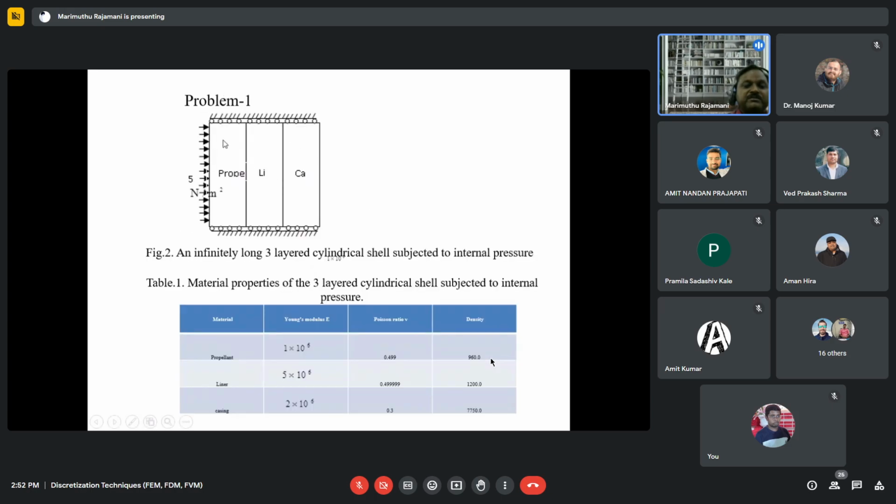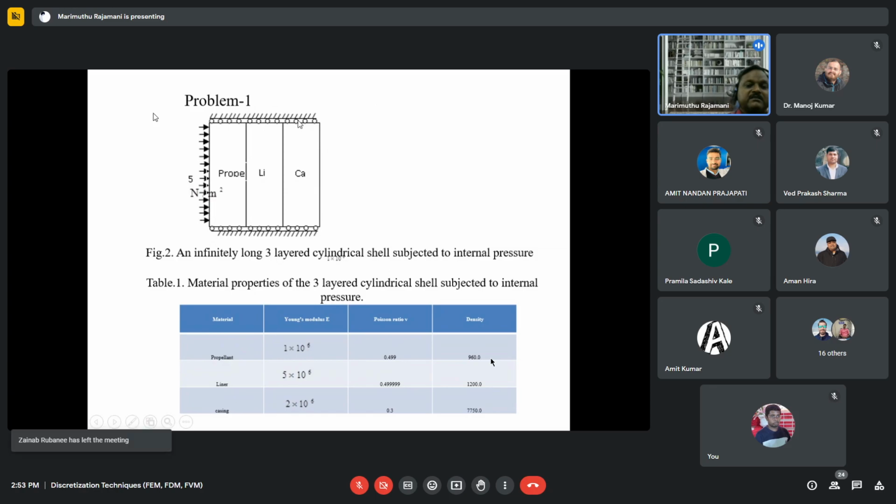Okay, problem one is this, and here viscoelastic properties are assumed. This is a casing, this is steel.